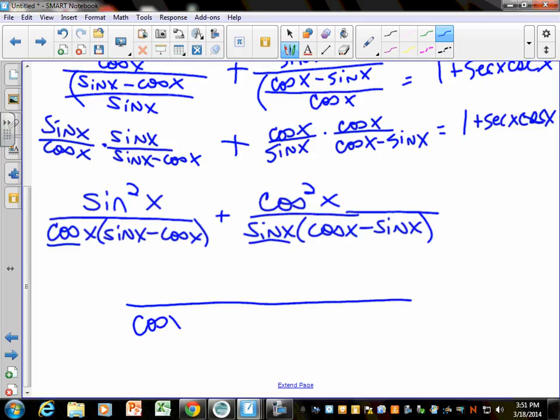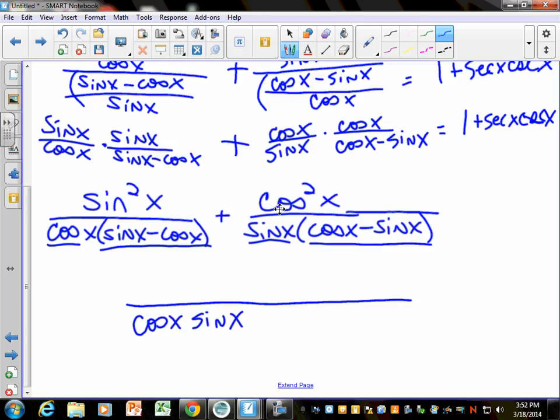I need a cosine of x, I need a sine of x, and then look at the part that's in parentheses. I have sine x minus cosine x on this side, and I have cosine x minus sine x on this side. Those are almost the same, right? Except one's the opposite. So instead of having to take both of them, I think we should just change one to be negative.